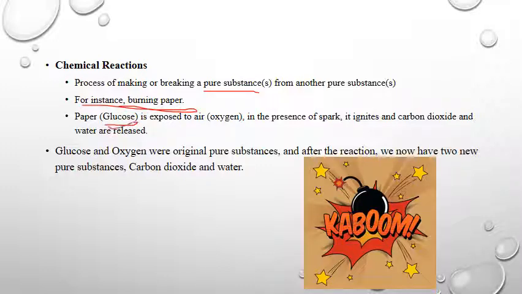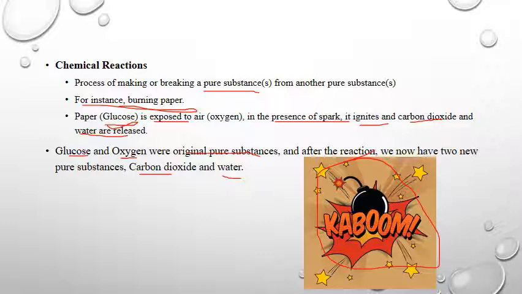Paper, which is basically glucose, and if you're taking 111, you'll learn about that, when it's exposed to air in the presence of a spark, it ignites and it goes kaboom, and carbon dioxide and water are released. So, glucose and oxygen were the original substances, and after the reaction, we have two new pure substances, carbon dioxide and water, which are different in character, physically and chemically, than glucose and oxygen.